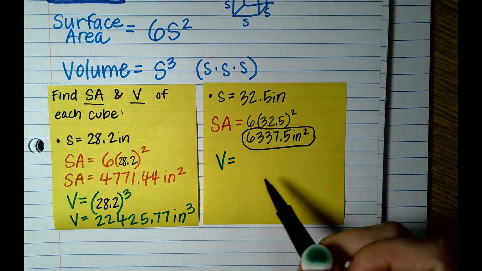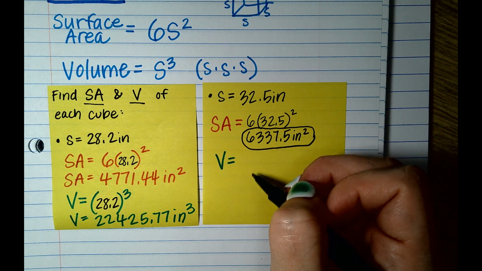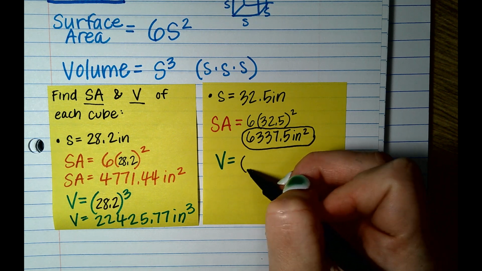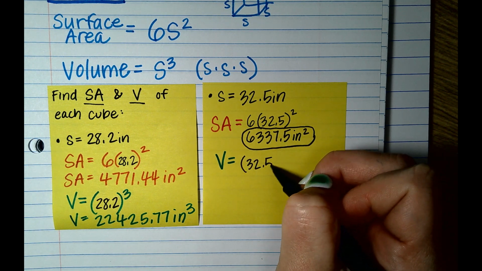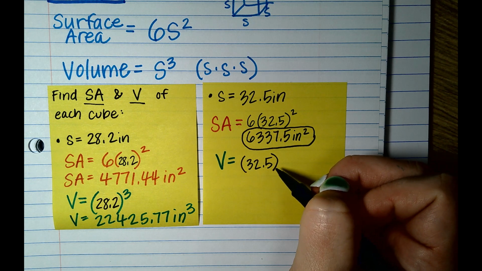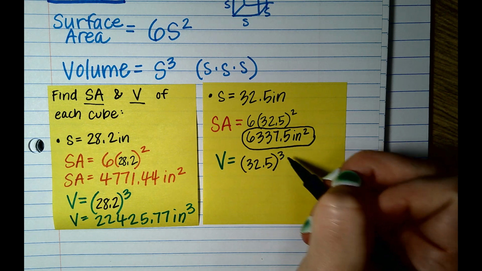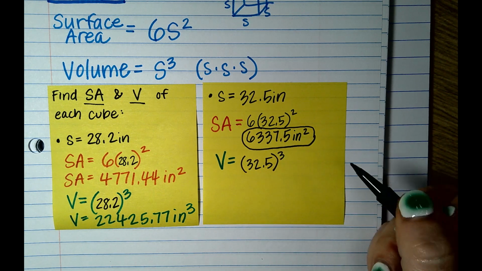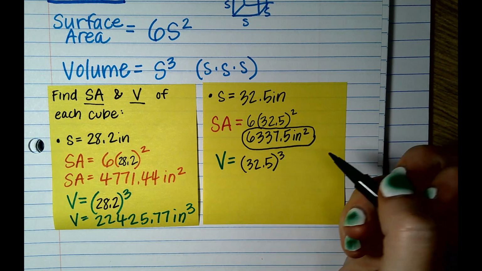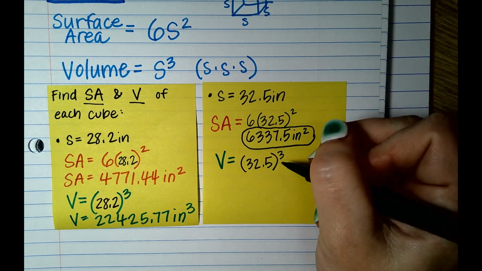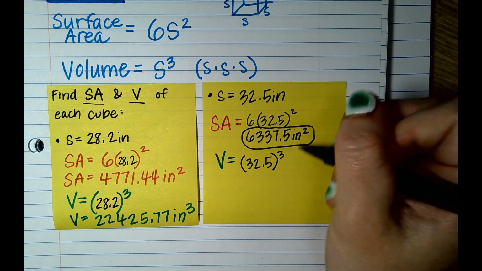And then the volume. Okay, so tell me about the volume. You take 32.5 cubed. Good. You're going to get 34,328.125. Woo, big number. So remember to do cubed. It's never a bad idea to write this.